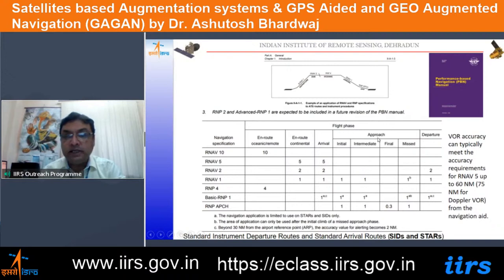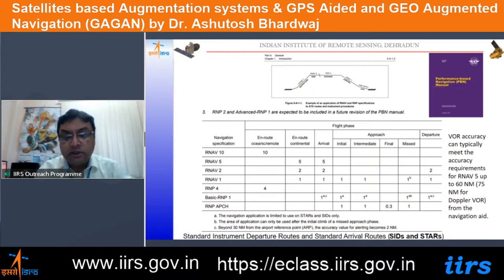So we can see here that finally when we are approaching, an accuracy of 0.3 nautical miles should be there with the aircraft actually. So this is a very high accuracy when we are approaching the airports, and we have standard instrument departure routes and standard arrival routes on which all these accuracies will be required.